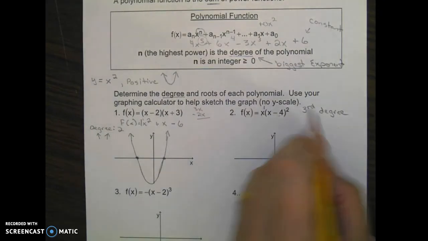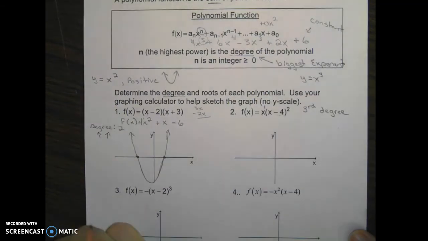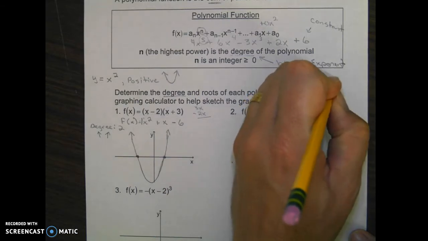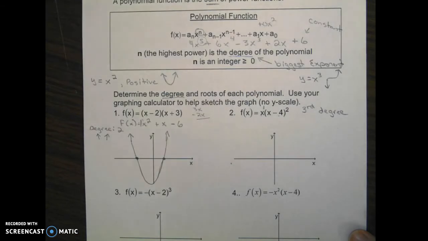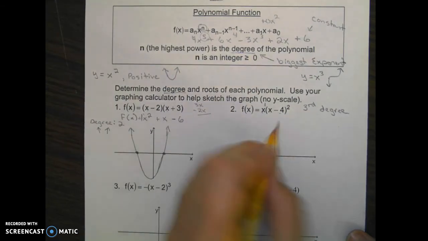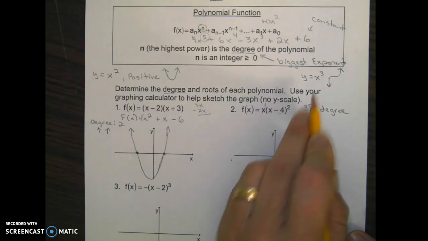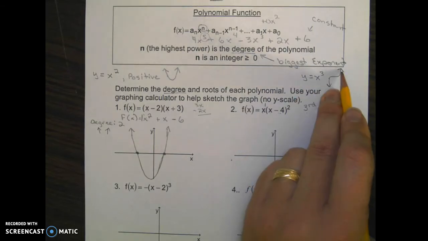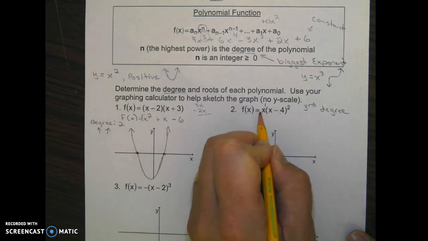And the parent for third degree is going to be x cubed. And the parent goes down on the left and up on the right. So we know that this graph, since it's a third degree polynomial, is going to go down on the left, up on the right. Again, this is going to be a positive leading coefficient, just like the parent.